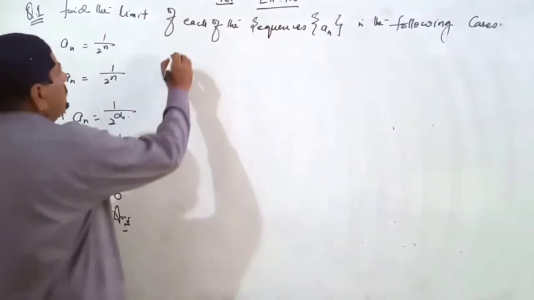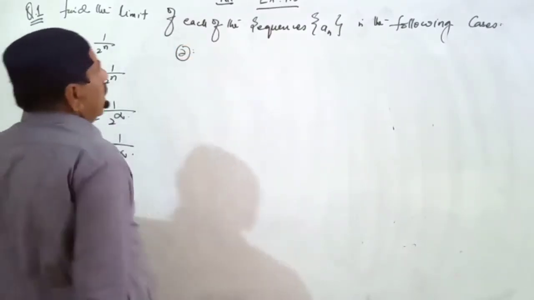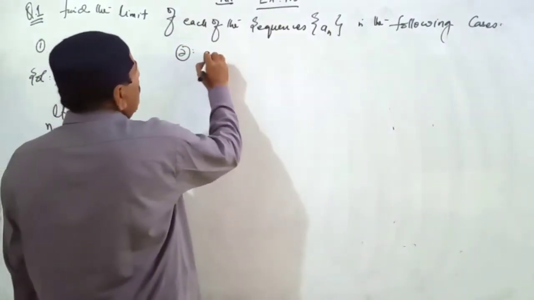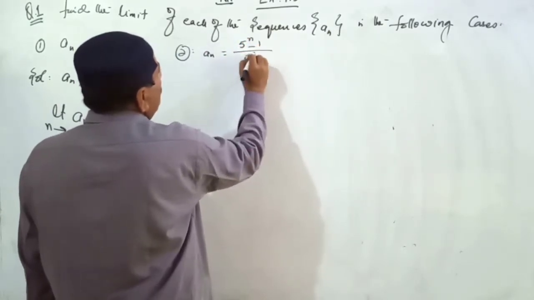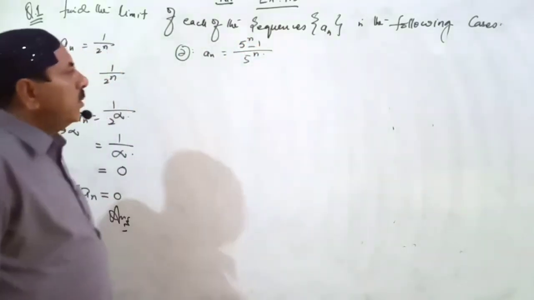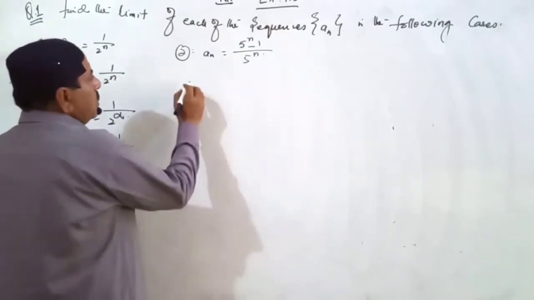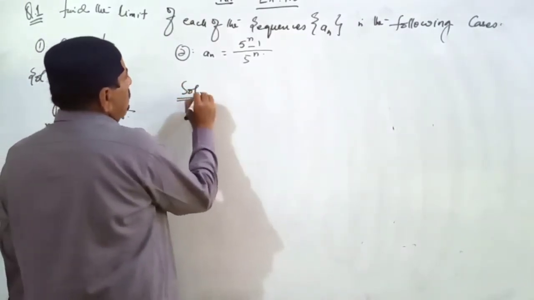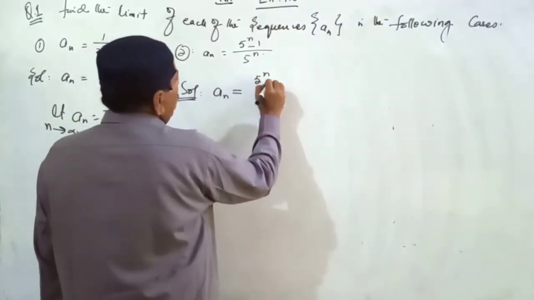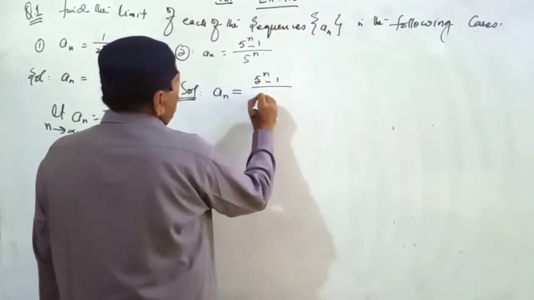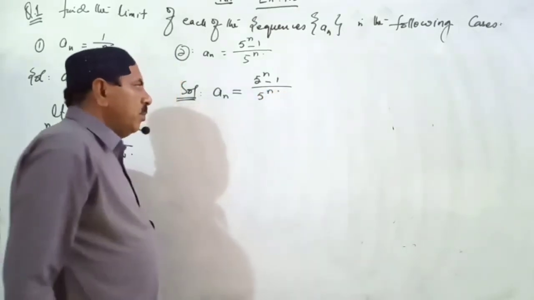Number 2 is a n is equal to 5 power n minus 1 upon 5 power n. Solution: a n is equal to 5 power n minus 1 upon 5 power n.